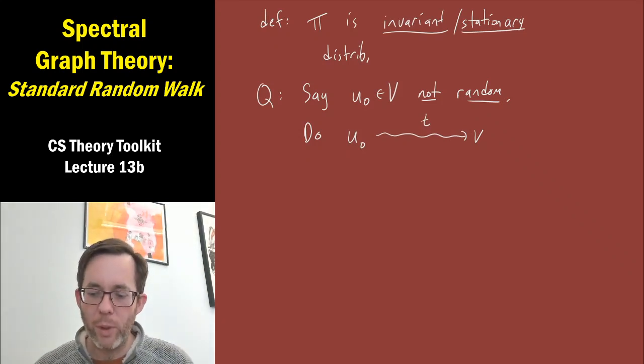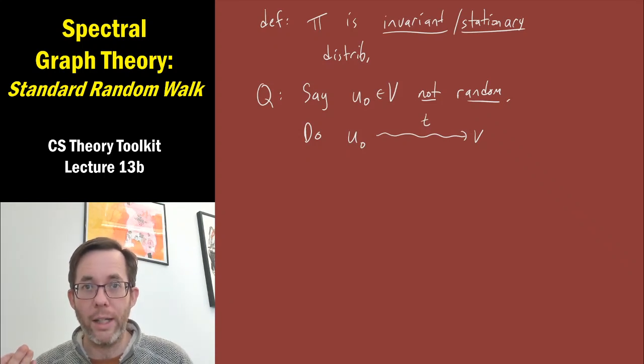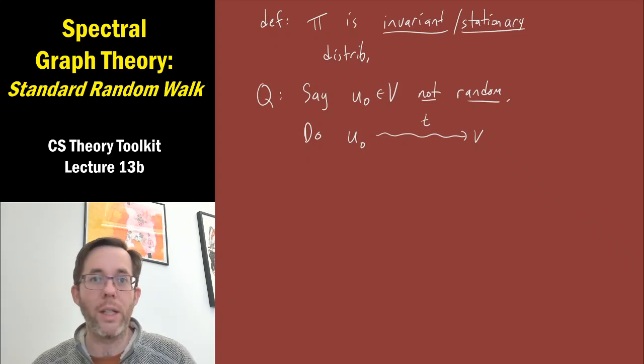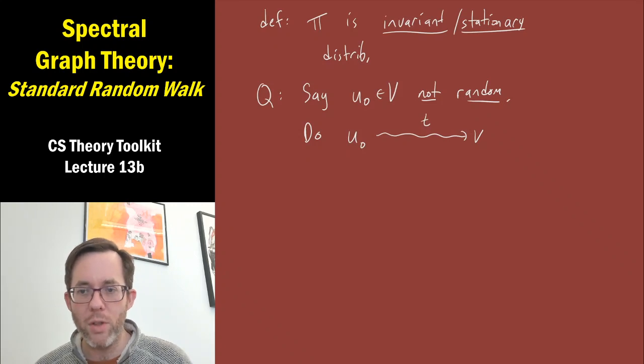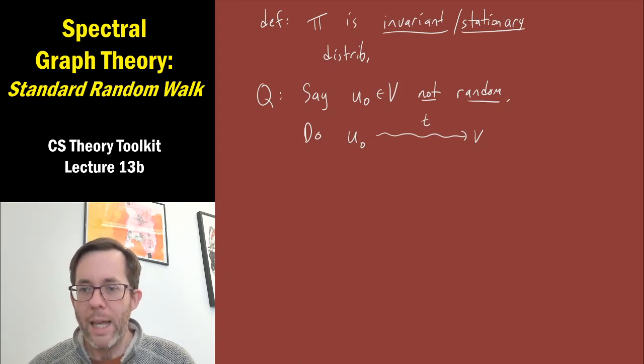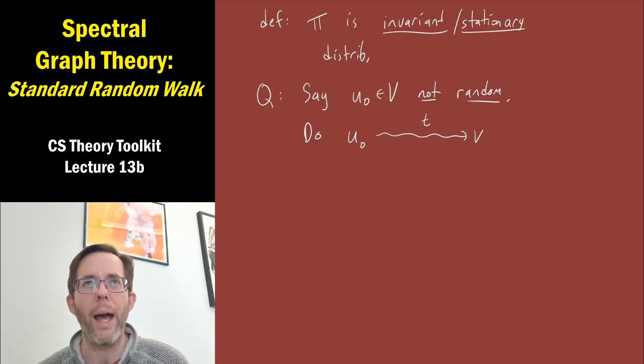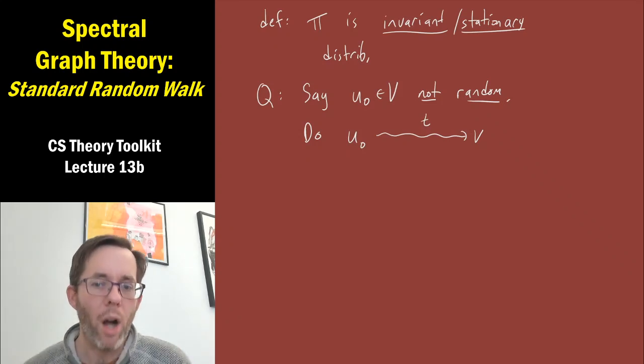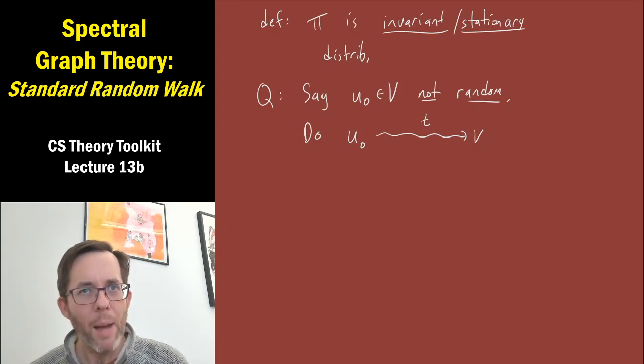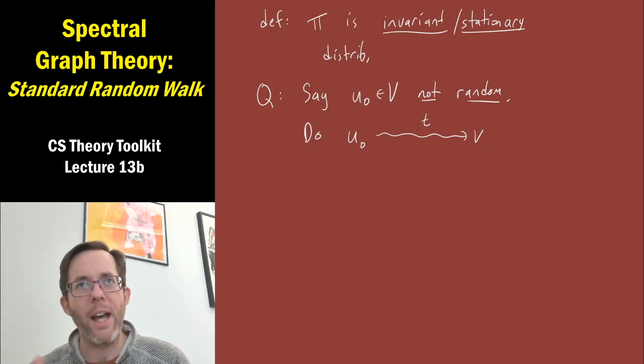Okay, so let's go back to the situation where we have an arbitrary initial vertex u0, and we imagine doing a t-step random walk from it, where we choose a random neighbor at each step. Now we can ask, what about the distribution of v here? We don't necessarily know it's the stationary distribution pi, but you may imagine that if you walk for a really long time, perhaps you will start to collect up at the vertices that have the higher degrees.